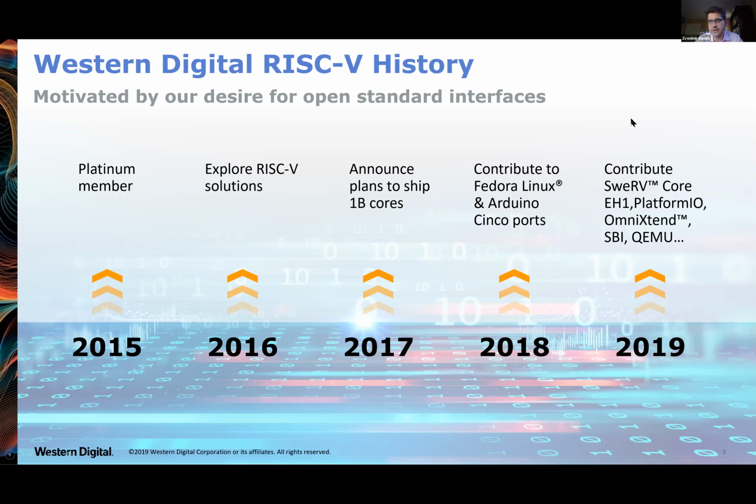We announced a bunch of open source cores, including SweRV EH1, and now SweRV EH2 and EL2. We open sourced the OmniExtend cache coherence over Ethernet protocol, and we also announced a bunch of partnerships with numbers of other companies.